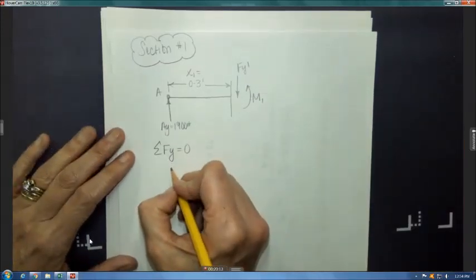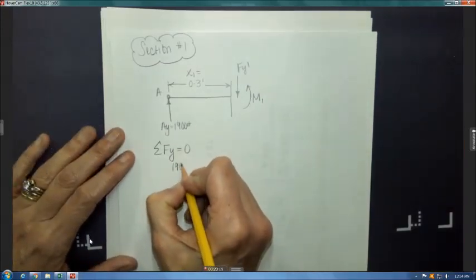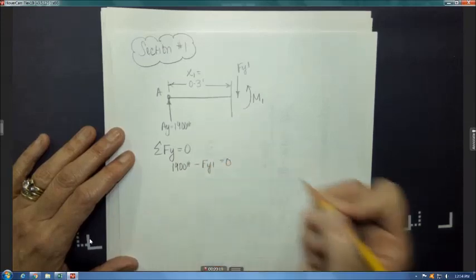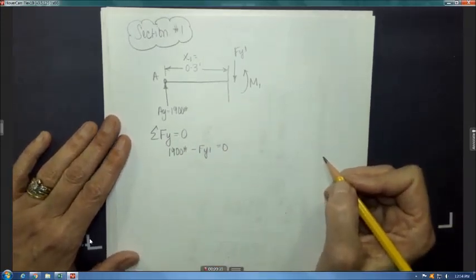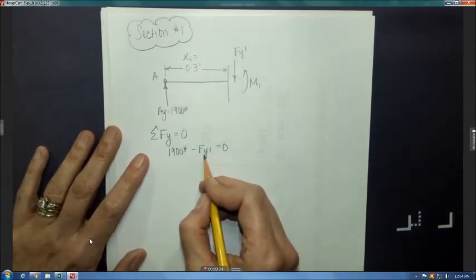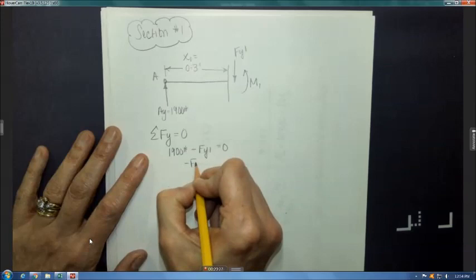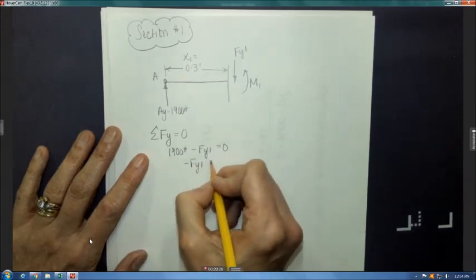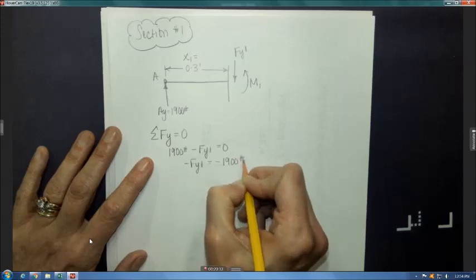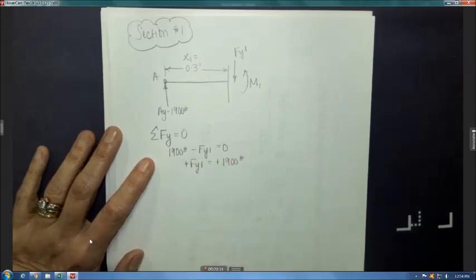So this is simply going to be a positive 1,900 pounds minus Fy1 is equal to 0. Then I'm going to solve for my Fy1, so I'm going to have a negative Fy1, that's the internal shear force. It's going to be equal to a negative 1,900 pounds. They both become positive.